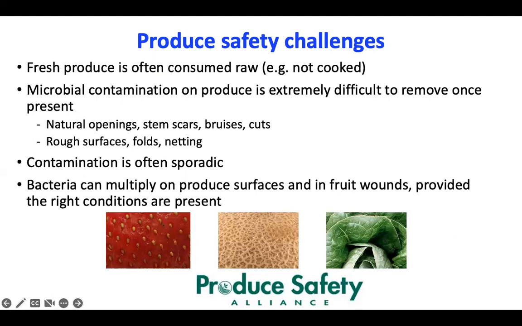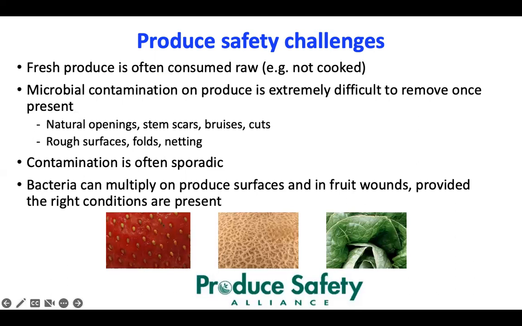Some plants also have stem scars, for example tomatoes. Once pathogens or bacteria stay on the stem scars, it's really hard to remove them. Therefore, pathogens are difficult to remove by any amount of washing, at the farm level or in the consumer's home, because of those conditions.